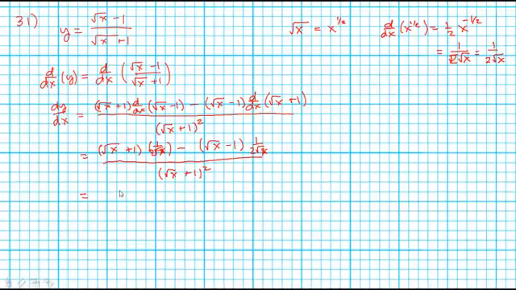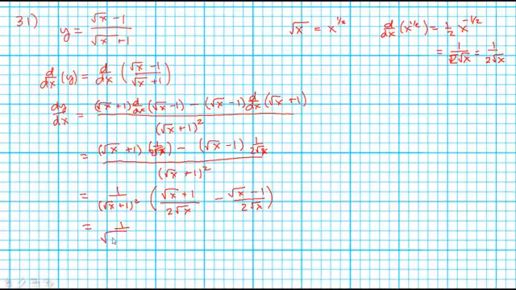So we end up with, since we're dividing by the quantity root x plus 1 squared, I'm going to pull that over to the side, and then just note that I'm going to end up having two fractions here over 2 root x minus root x minus 1 over 2 root x, and those have a common denominator.